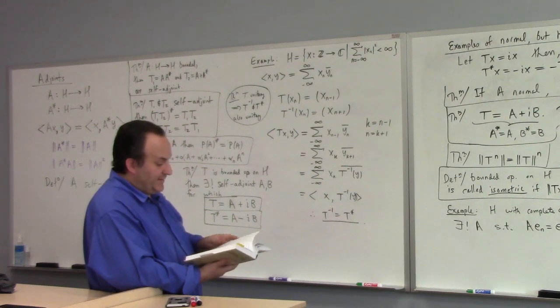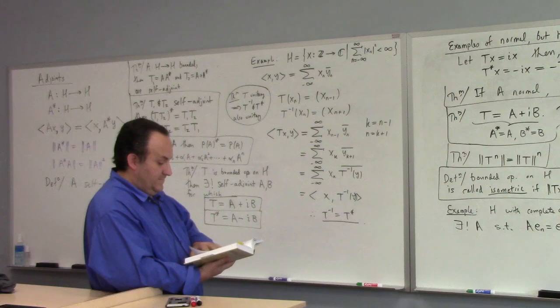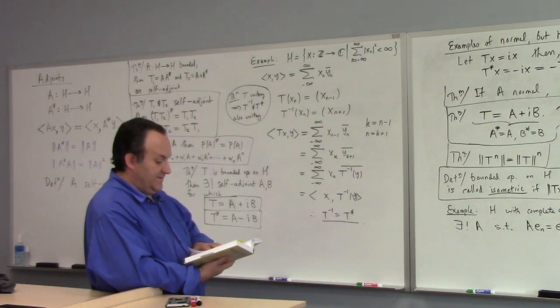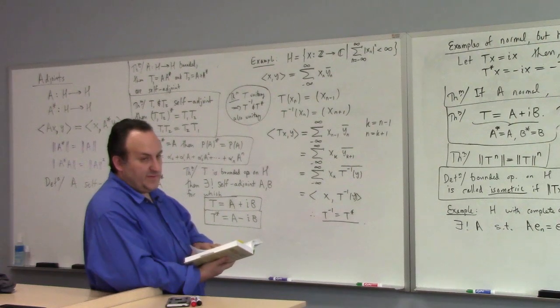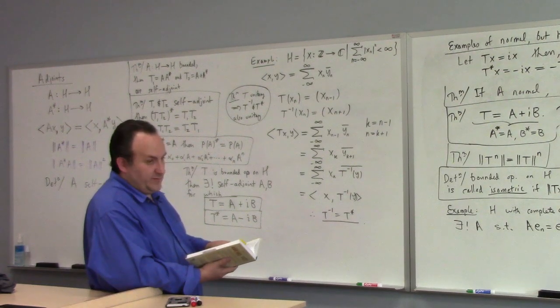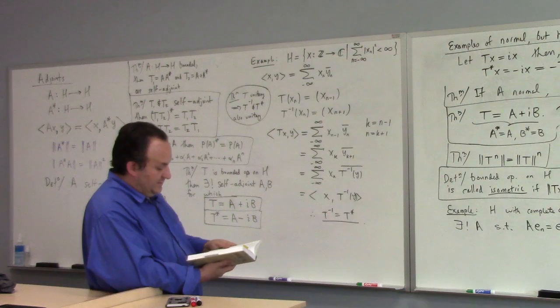And the projection operator is a compact operator if it's the projection onto a finite dimensional subspace. He defines a finite dimensional operator as basically an operator whose range is finite dimensional.